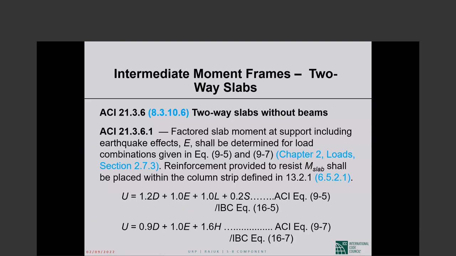However, if you are designing a flat plate column frame to be an intermediate moment frame, the moments caused by the equivalent static seismic forces have to be added to the bending moments caused by the gravity loads.